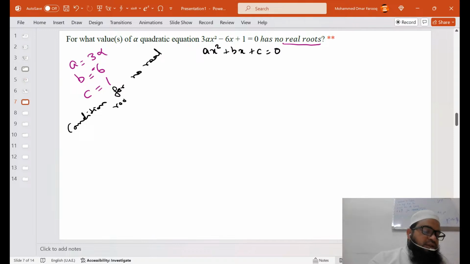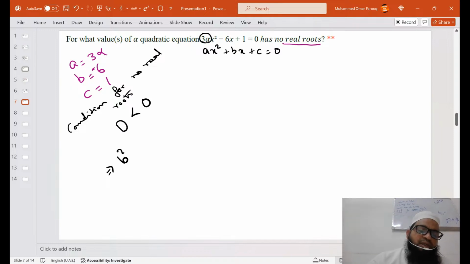Why 3 alpha? Mehrab, what is the coefficient of x square? It is 3 alpha, my dear. Yes, you are right. And discriminant should be less than 0.